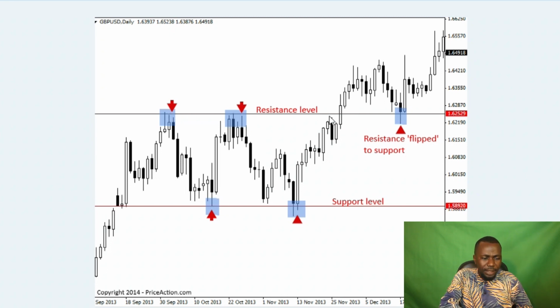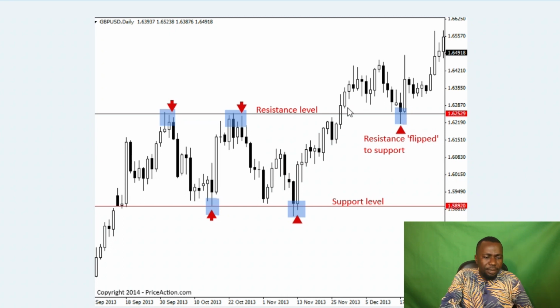The level you are using is still valid, but this time around you are going to switch the levels. So now when the price breaks above the resistance level, where do you place your trade? You place your trade at the support. So what you have to do is you wait for price to come back to the support level and test it for you to place your trade.